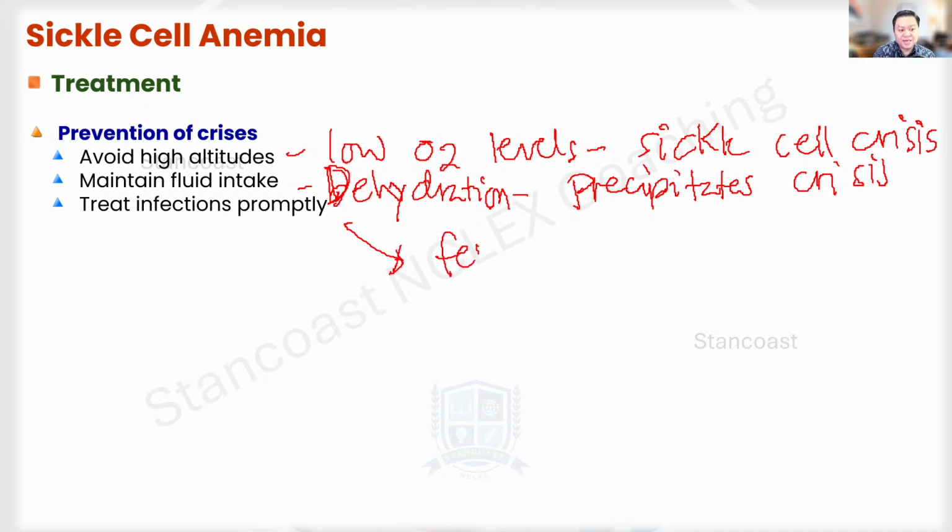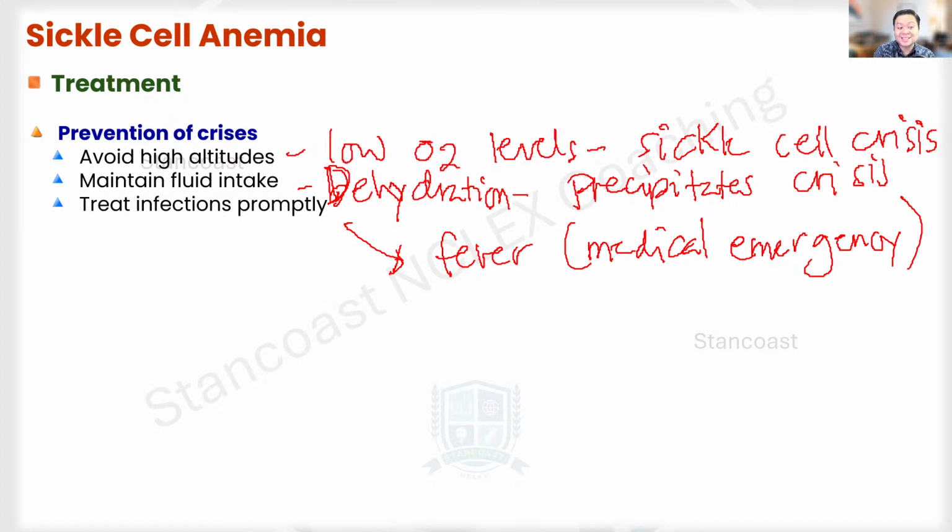Like I have said earlier, this is a medical emergency. I'm not kidding. This is a medical emergency. For us normal people, this isn't an emergency. But for those people with a sickle cell disease, fever is a medical emergency because this can lead to the crisis.